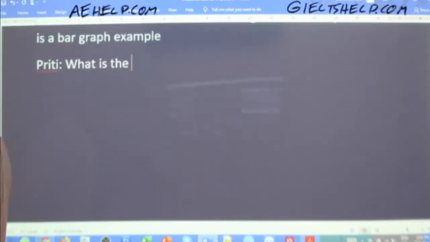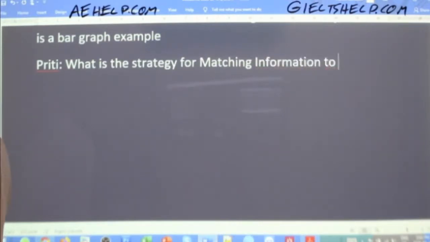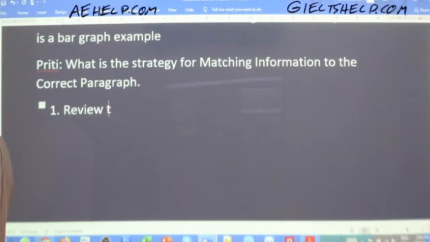what is the strategy for matching information to the correct paragraph? Okay, I'll give you a little bit of advice here, Preeti. So number 1, review these before you read the passage.